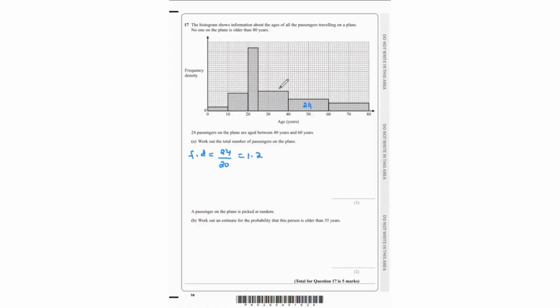So if this is 1.2, let me mark this. That means 1, 2, 3, 4, 5. This was 1. Each small box is 0.2 units. So that's 2, 4, 6.